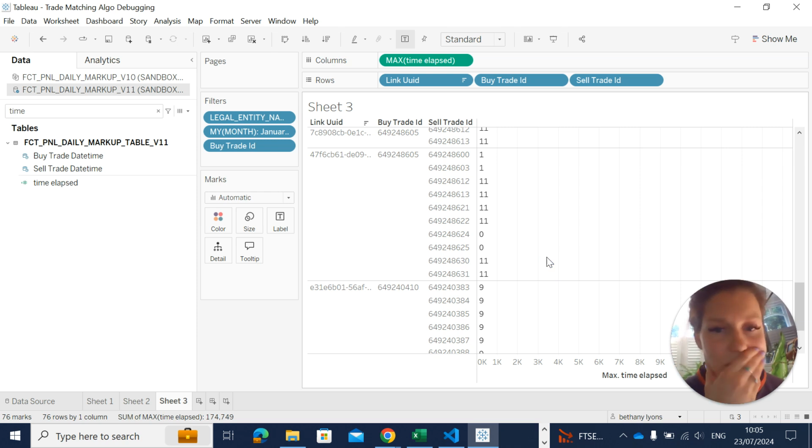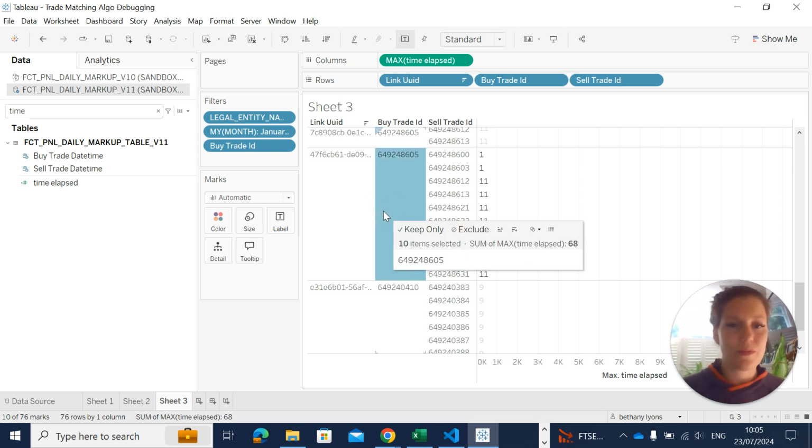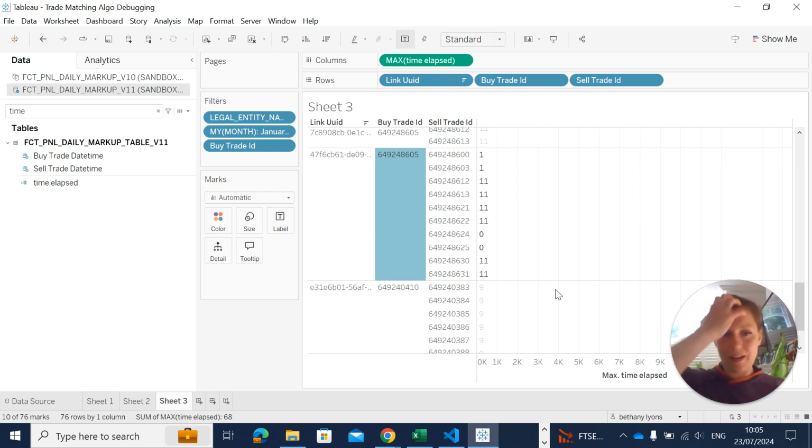So that's looking pretty plausible, but like this one's also pretty plausible. It's more trades, but they're still occurring within under 11 seconds. And for now, I'm not going to get into other things that could go wrong. I checked a million other things like, do the buy and sell sides sum up to 0? And yes, they do in this case.